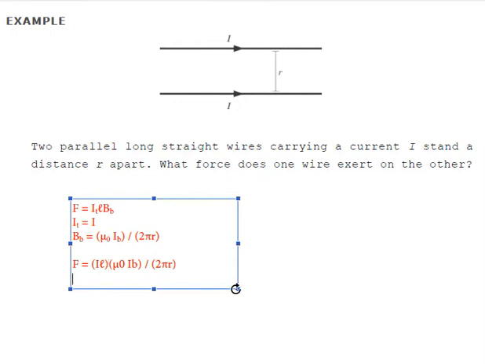It's looking kind of ugly right now. Let's clean it up a bit. We have I times I, right? They're both carrying current I. So that'll get us I squared.